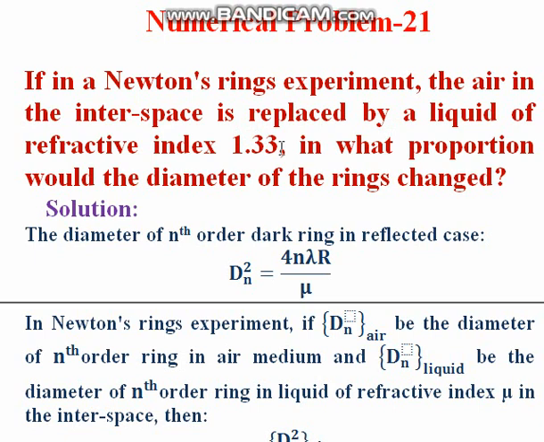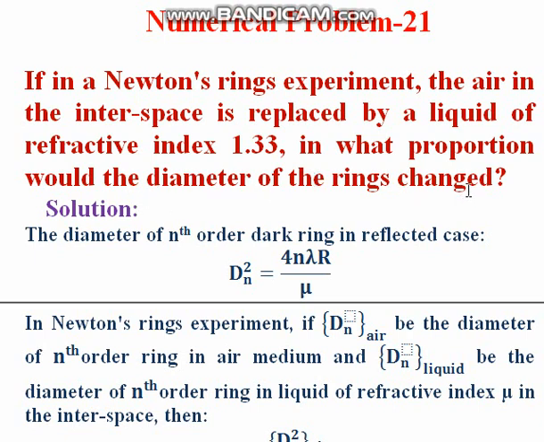First the wedge film medium was air, then we replace air by a liquid of given refractive index. Now the question is, in what proportion would the diameter of the rings change?